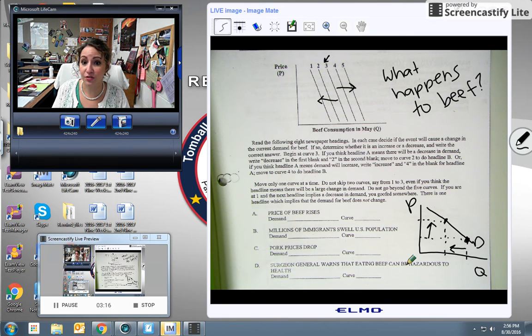It's not going to shift the curve. And so it's only going to be a movement. It's just a change of quantity demanded to this point to quantity demanded at this point, but the line stays the same. That entire demand curve stays the same, but it's quantity demanded that changes.